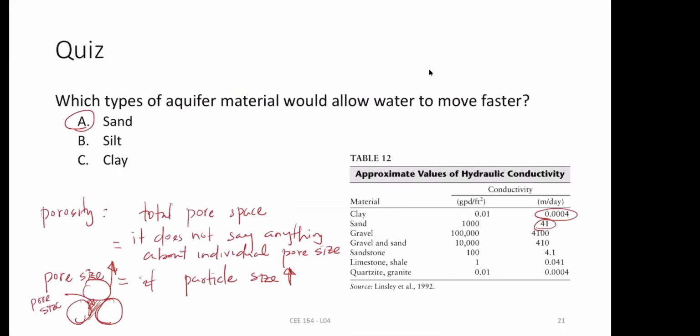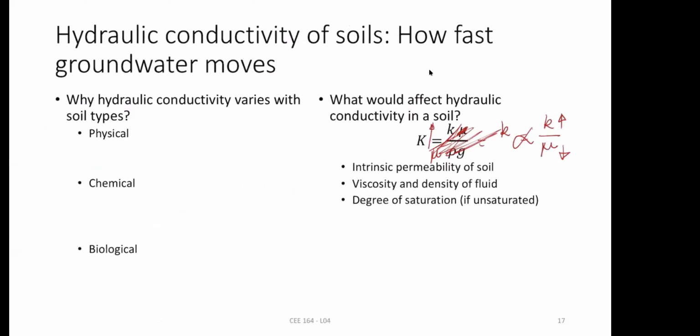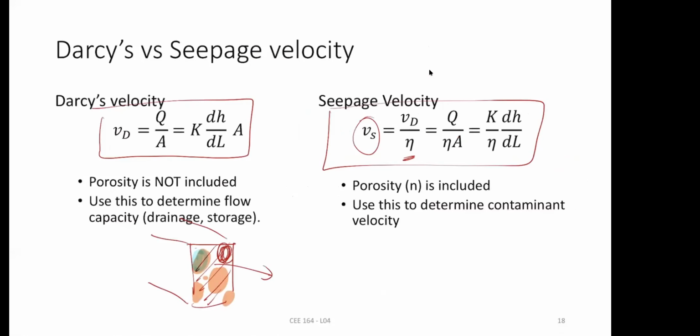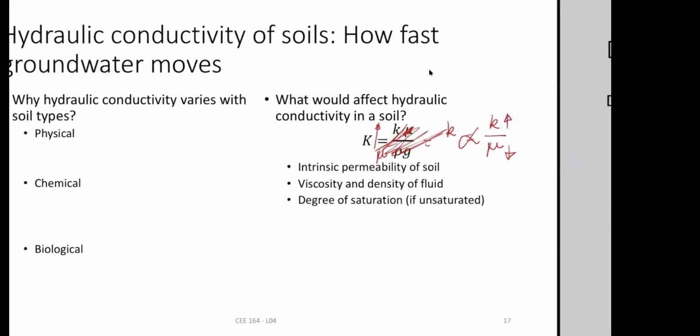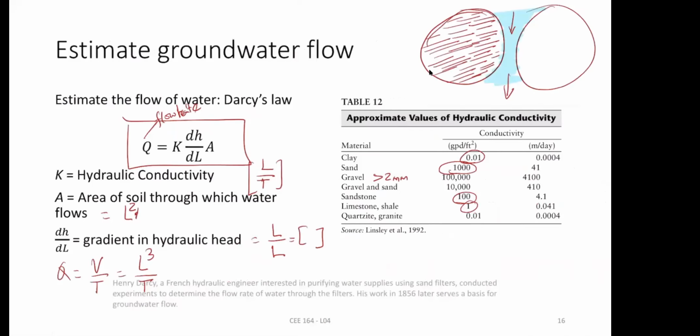There is a negative sign somewhere, otherwise this answer will not make sense. I missed that negative sign, because what it means is that in dH over dl, the head is going to drop as L increases. So this will be a negative number. That's why.